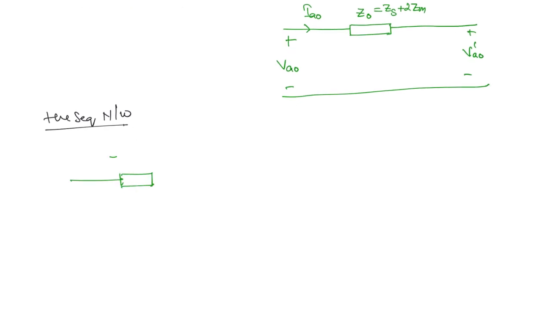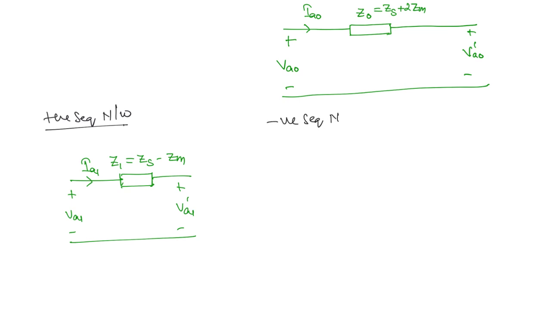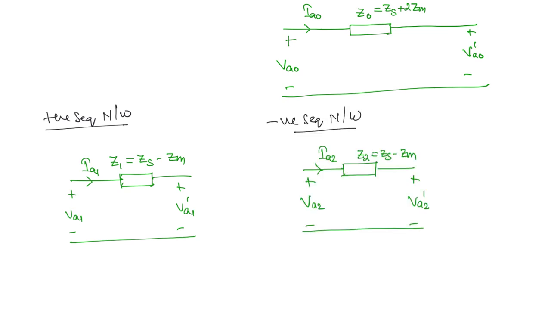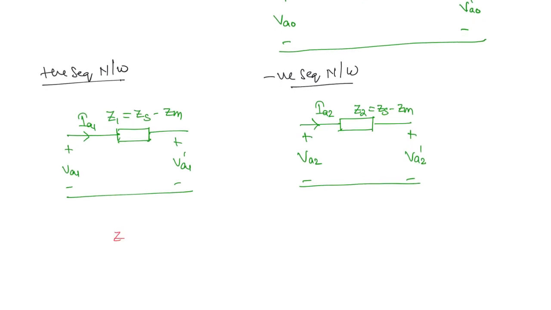So here you have the impedance Z1 is equal to ZS minus ZM, and the voltages VA1 and VA1 dash, and this current is IA1. Similarly, you can draw the negative sequence network. You can see that the zero sequence impedance is going to be larger than the other two. Z1 is equal to Z2 is equal to ZS minus ZM.